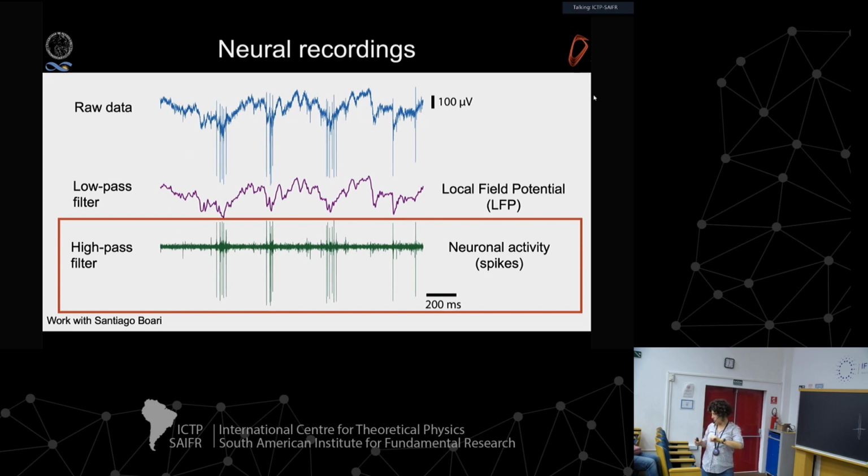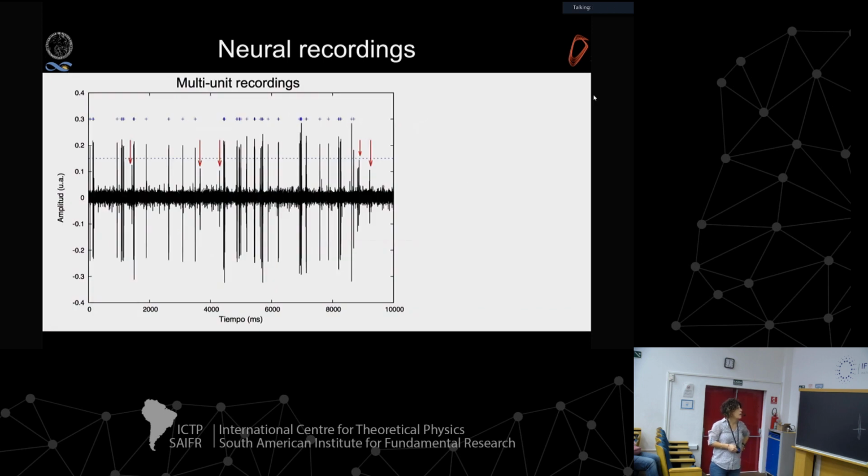Okay, so these are the spikes. So what do we do? Here is what we call multi-unit recordings. One electrode is picking this signal, and this works like this.